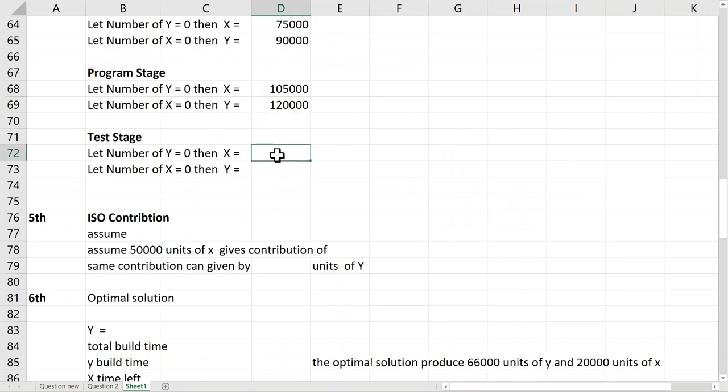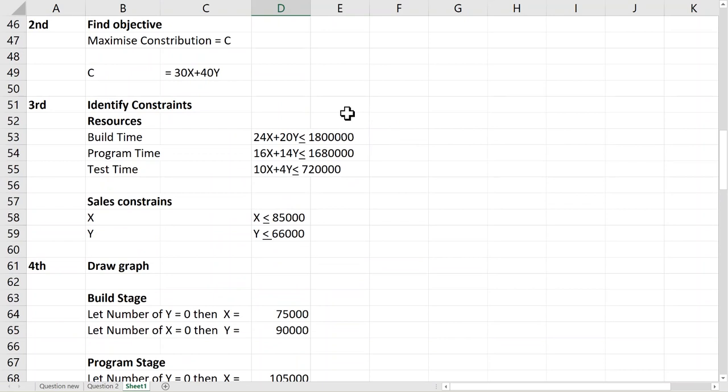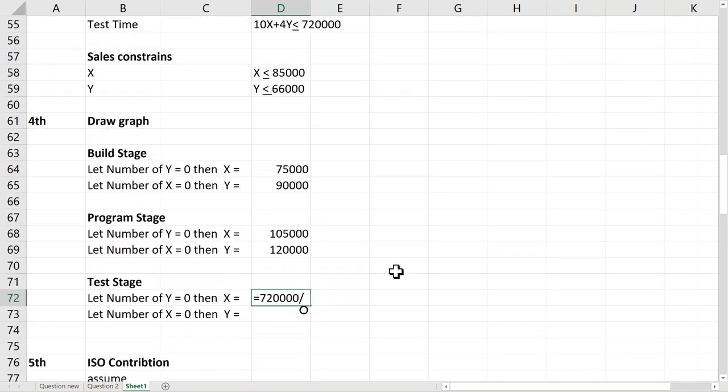Next is test stage. 720,000 divided by 10 and 4. So 72,000 units of x to 180,000 units of y.